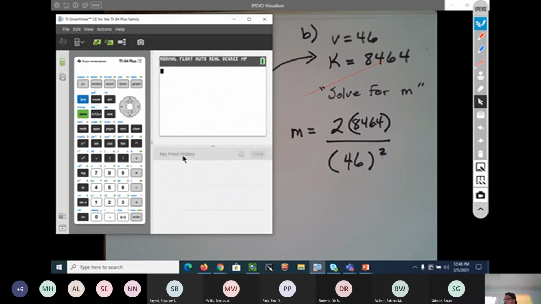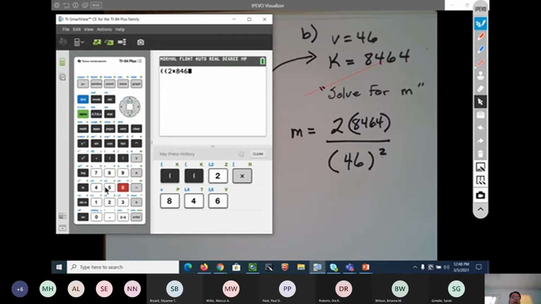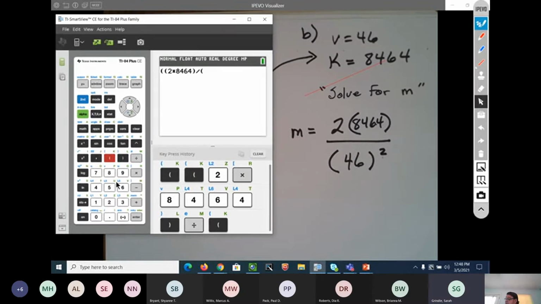I'm going to do 2 sets of parentheses. I'm going to do a parenthesis here and a parenthesis here. And I'm going to do 2 times 8464, and I'm going to close parentheses. And then I'm going to divide, parentheses, and 46 raised to the 2nd power.